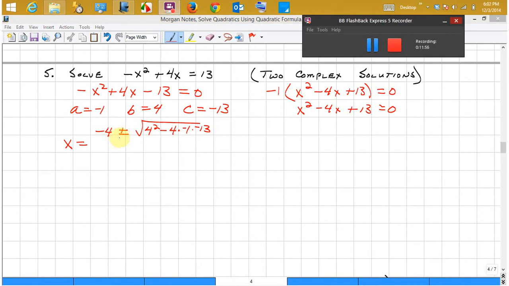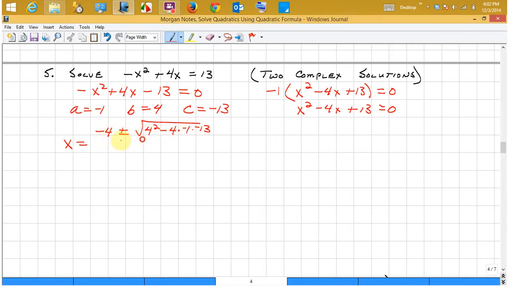Continuing, there was a lot of background noise there. So anyway, let's go ahead and simplify this over 2a. So that would be 2 times a negative 1. So I have a negative 4 plus or minus the square root of 16 minus, now I have a negative 13 times a negative 1, that's a positive 13.